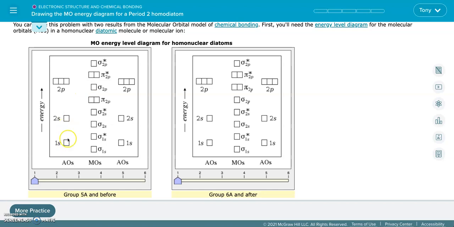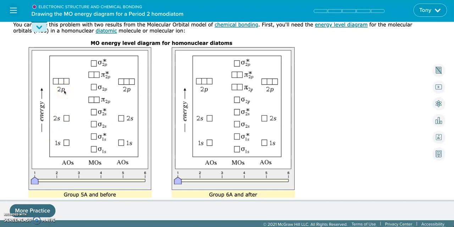So basically what this is showing us is that for our atomic orbitals, if you just imagine a carbon atom or a nitrogen atom or whatever, and we're just focused on this section here, that individual atom will have the following atomic orbitals. That's what this AO stands for. The lowest energy atomic orbital will be the 1s, then the 2s, then the 2p.